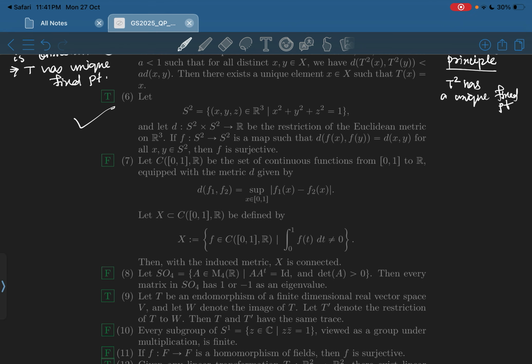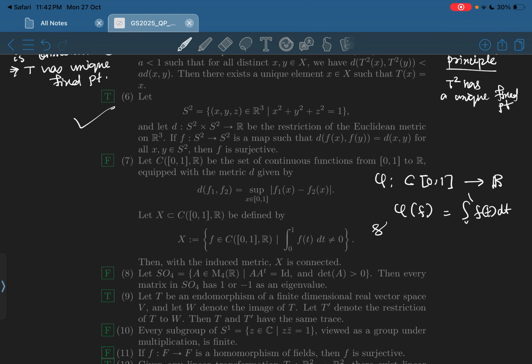So what do I need to show? With this induced metric, X is connected or not. It's a very simple thing. Define phi from C[0,1] to R by phi of f equal to the integral from 0 to 1 of f(t) dt.